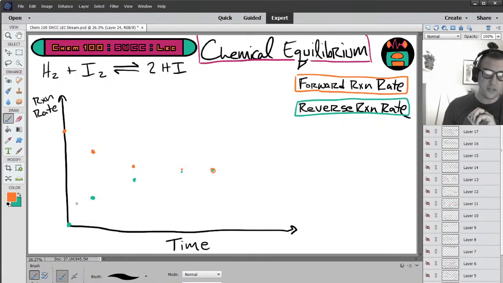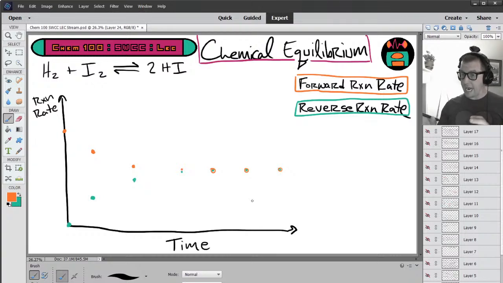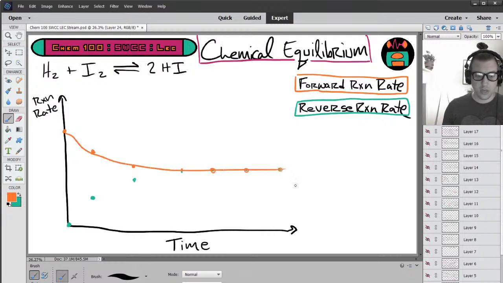And once they're the same, they will never again change. Doesn't matter how long you leave it, or how often you check. Once the rate of the forward reaction equals the rate of the reverse reaction, they'll never again change. They will always be equal.